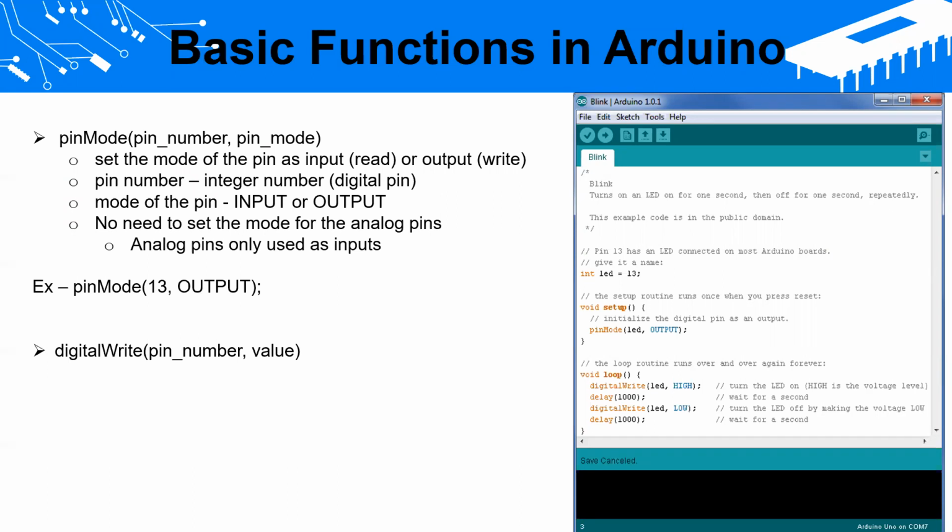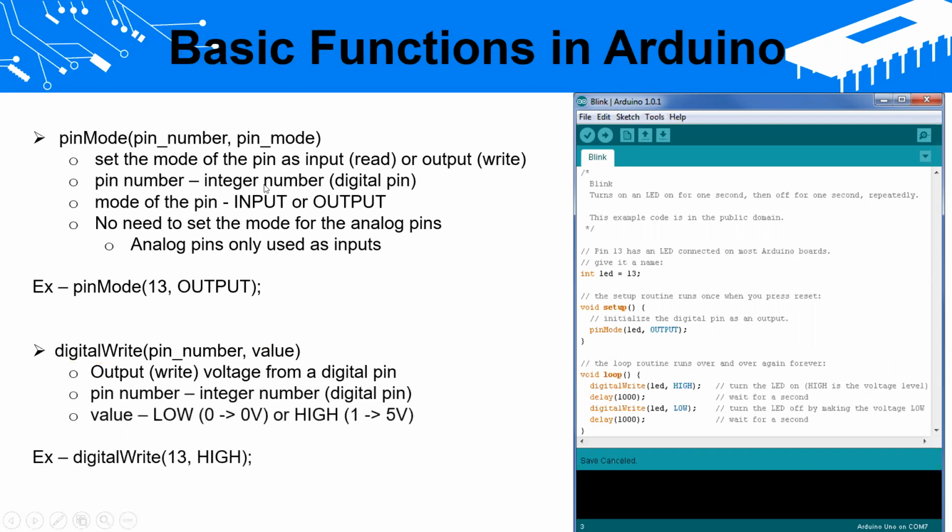Then the digitalWrite function. Since it starts with digital, you should use digital pins. You should specify the pin number and the value. Since this is a digital write, you can put either 0 or 1.